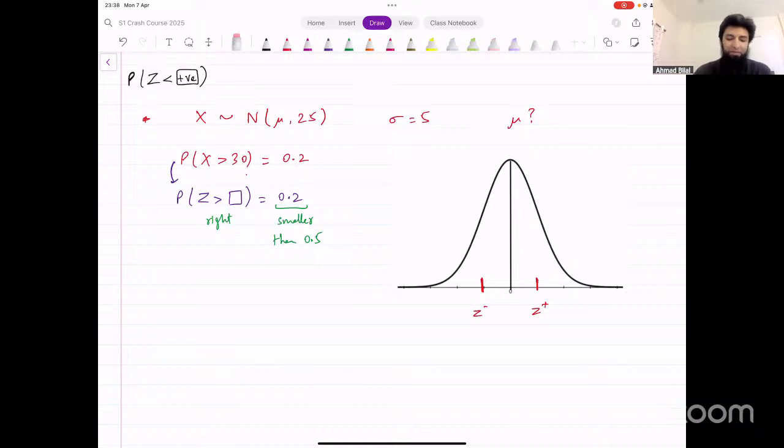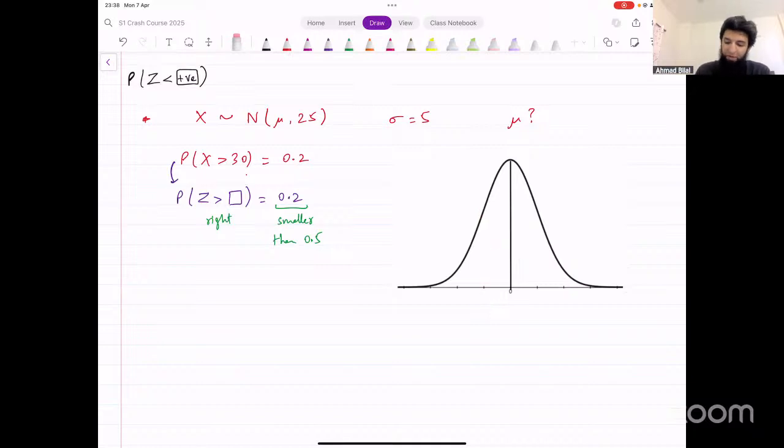Now, where do we place Z so that on the right side we have smaller area? If we place it on the negative side, the area to the right, is that smaller or bigger? That's bigger, right? That's more than 0.5. That's not what we want.